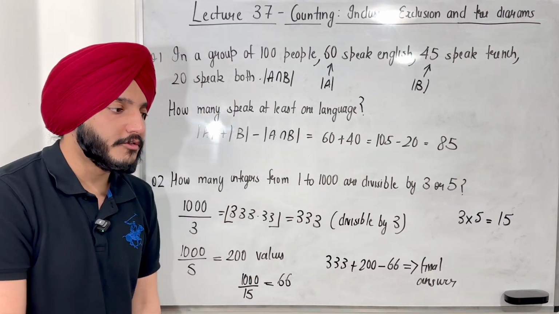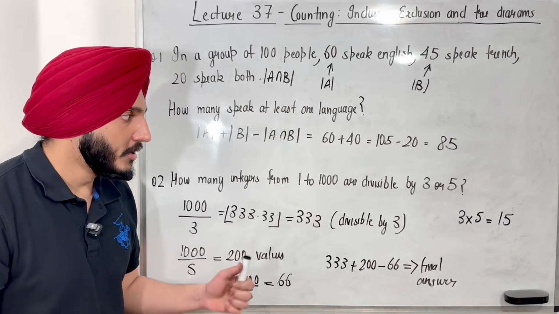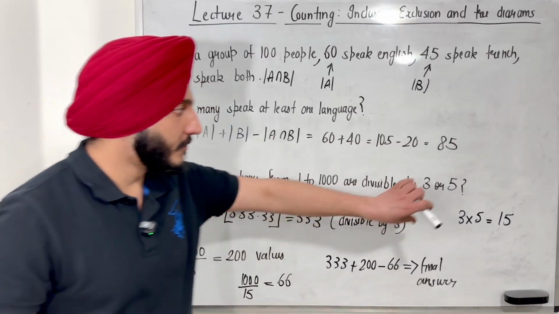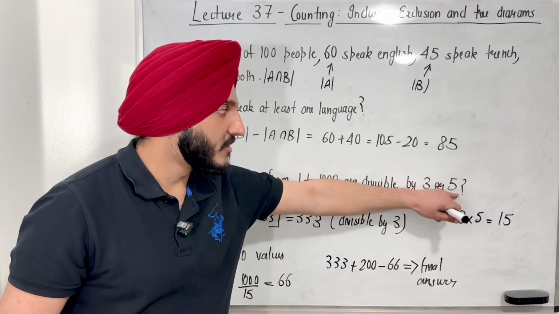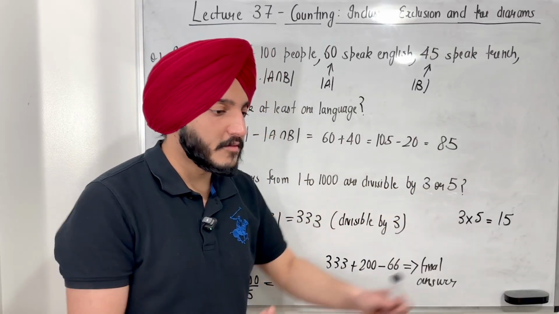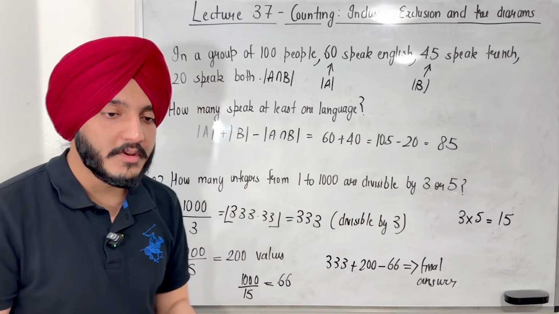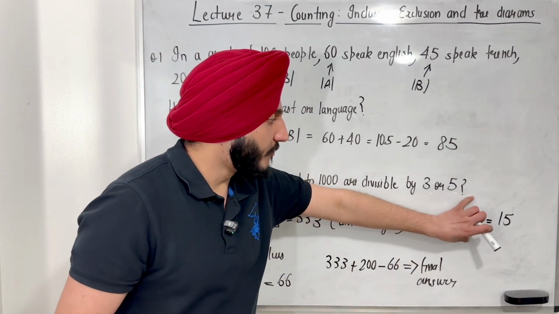If it was kind of tricky, pause the video or take a step back and then get back to the question. But the point is simple. We first found the count of values divisible by 3, then the count of values divisible by 5, right? And then, since we know there's an overlap, meaning there could be values divisible by both 3 and 5, we found those values too.